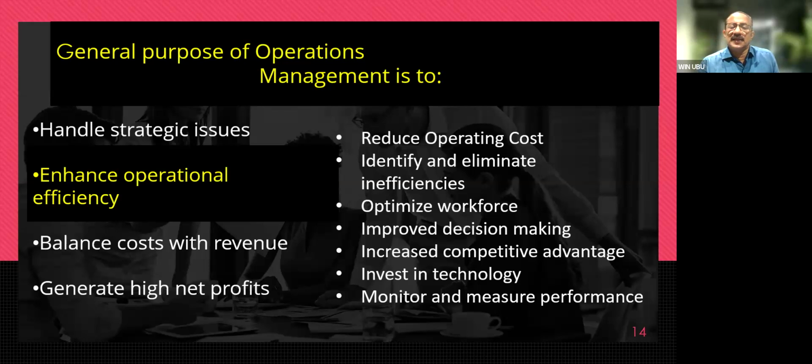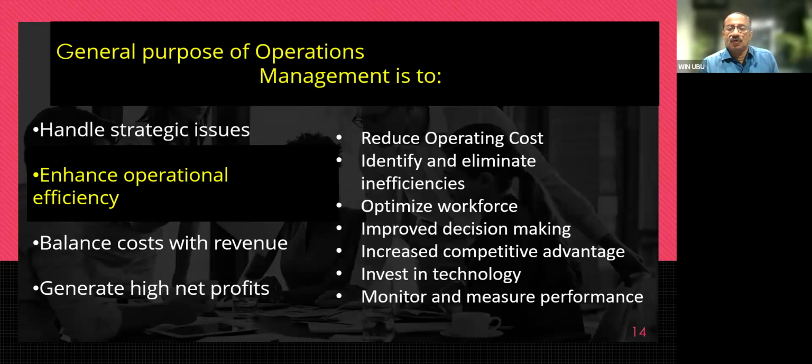Similarly, in many aspects they can reduce the cost. This is an example. They have to check each and every process. Procurement is the first process, and the end is when it reaches customer care or the sales.